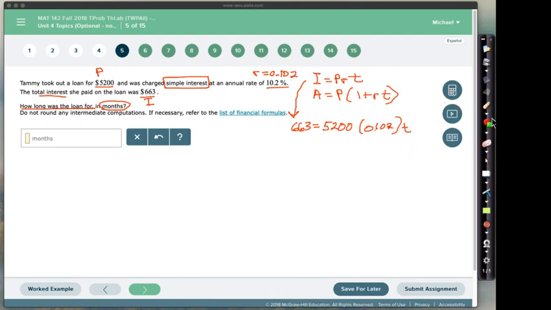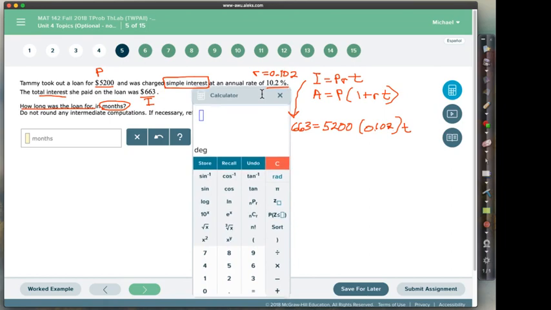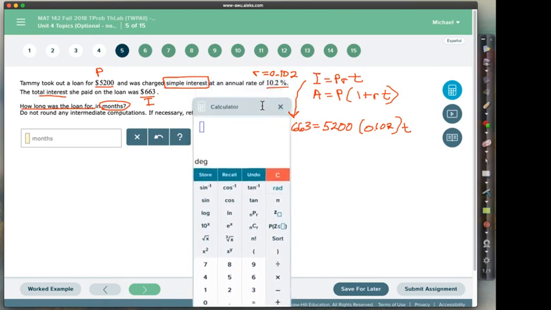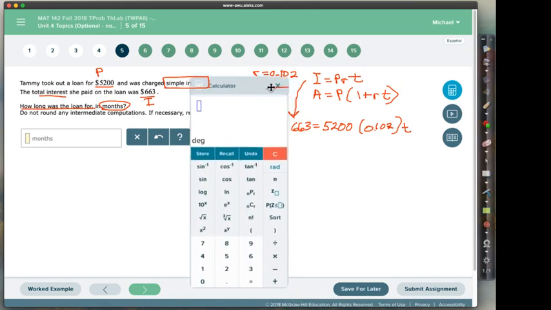Okay, so we calculate and then do a little algebra with division, and then we've got sort of the answer. But once we've got the answer, how do we put it in? I think we can just put it in as a decimal, it says don't round.